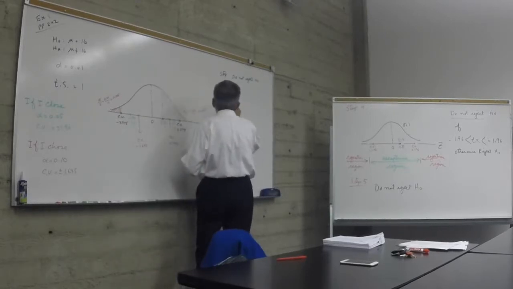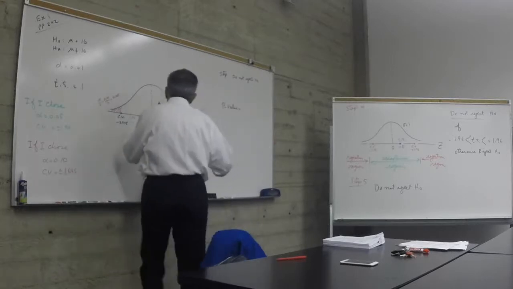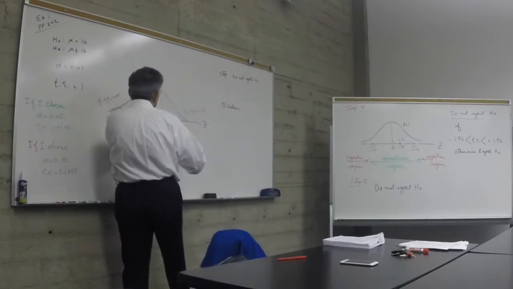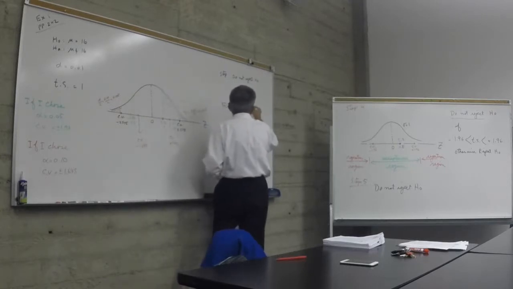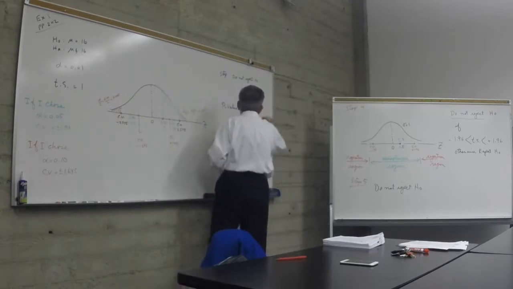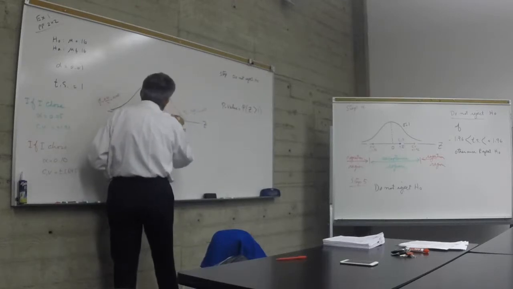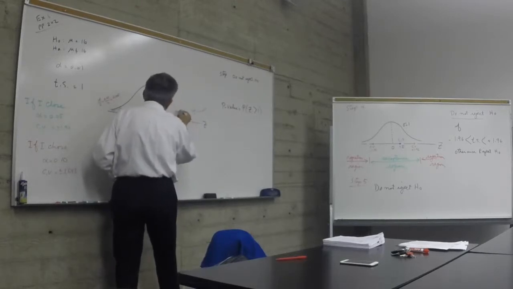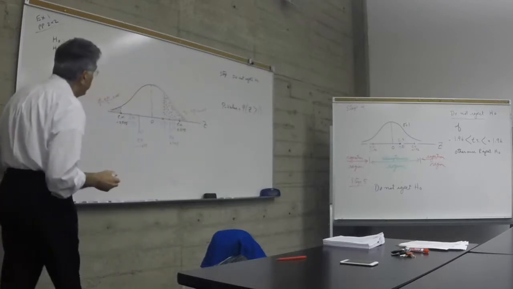So p-value is equal to probability that z is greater than or equal to 1. Okay, so probability that z is greater than 1, namely this area, this dotted area, the entire dotted area.